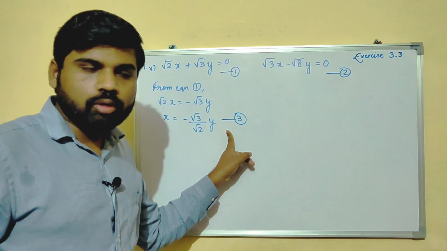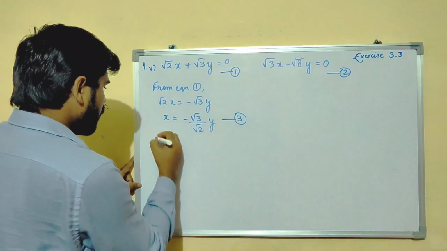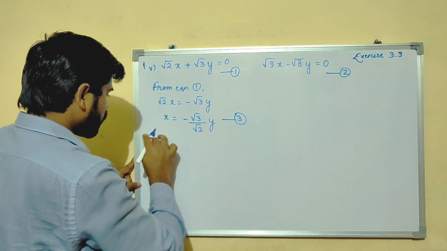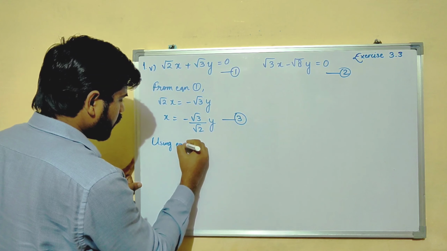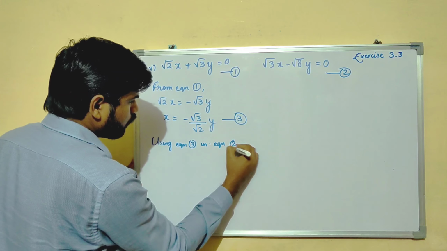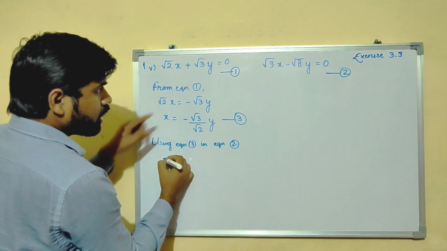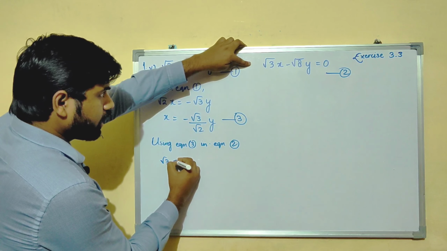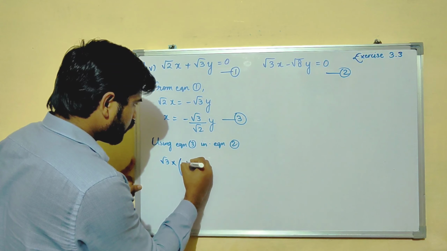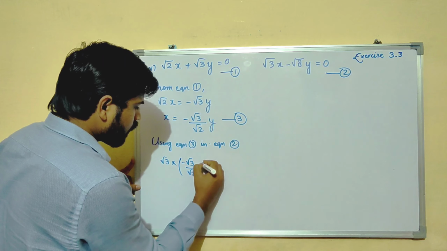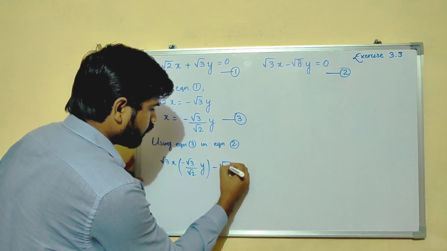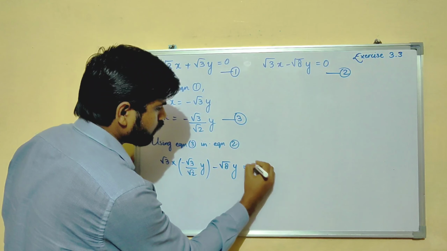Now substitute this value of x in the second equation, using equation 3 in equation 2. So you will get root 3 into the value of x, which is minus root 3 upon root 2 y, and then minus root 8 y equals 0.